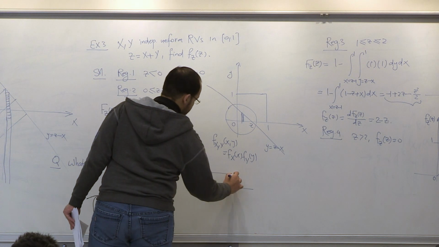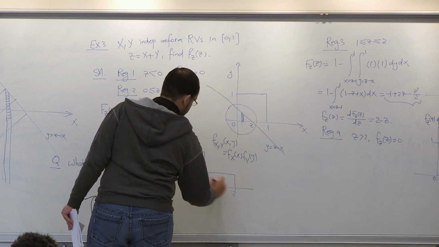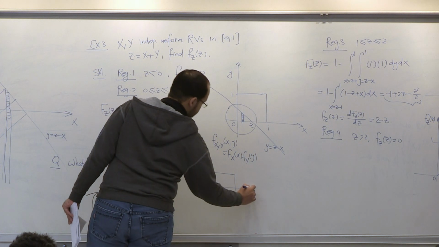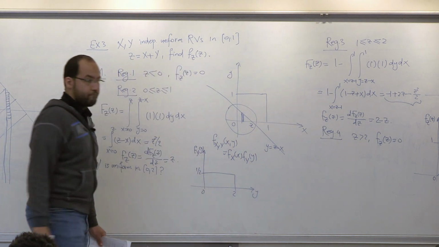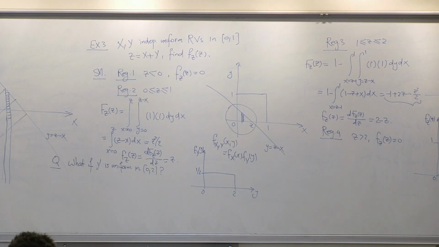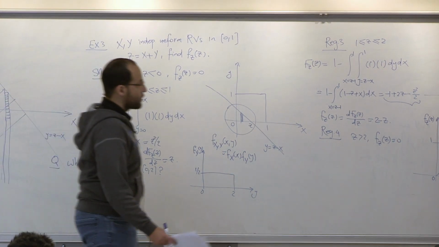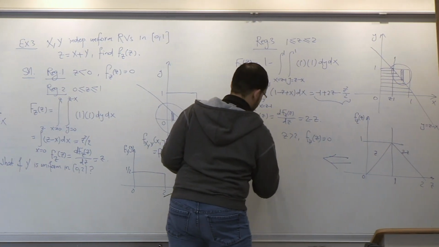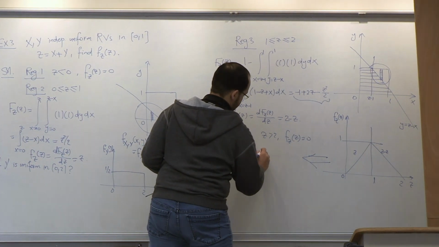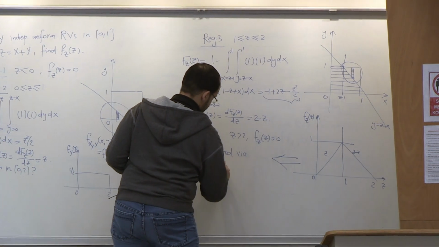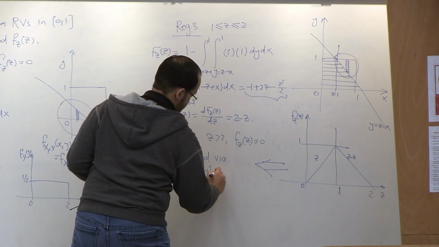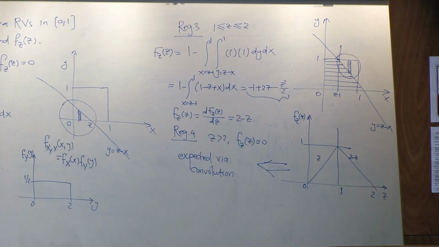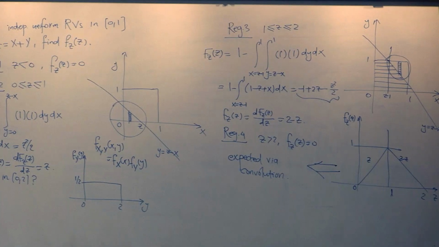That is, y looks like this as far as its PDF goes. Before we try to answer this question, this result is already expected via convolution, right? So we did something from the basics that the convolution is already telling us.